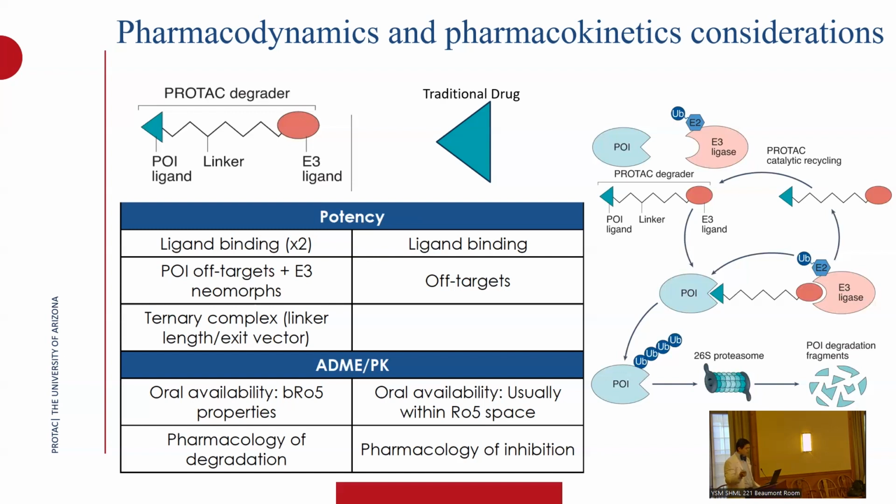A little bit on the pharmacokinetics. Traditionally, drugs live within what medicinal chemists would call the rule of 5 space. Briefly, the rule of 5 is an empirical observation that a medicinal chemist described, where small molecules are less than 500 daltons, they have fewer than 5 hydrogen bond donors, and so on and so forth. But because PROTACs by nature have two ligands, their size is double that of the traditional small molecule.